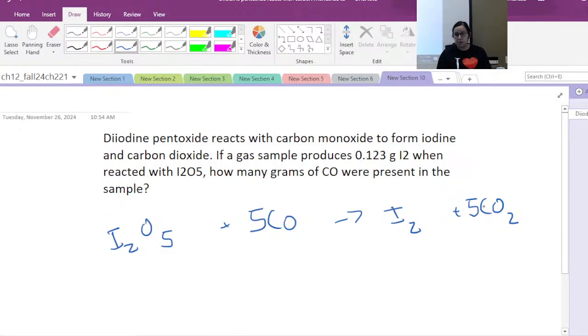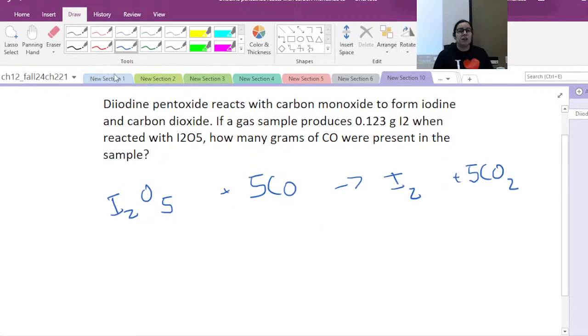All right, so did everybody start with this? So this looks good. And so now walk me through what's our next step. Right, it's asking us, so it produces iodine, and it's asking for CO. So what can we do then? Yeah, moles of which one?